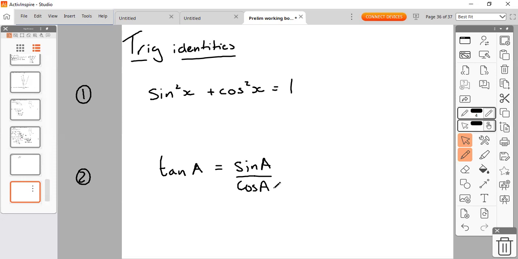But you might have to look for a slightly different order of that trig identity. For instance, that first one I can rearrange to have cos squared x equals 1 minus sine squared x. That's still the same trig identity. Or sine squared x equals 1 minus cos squared x.